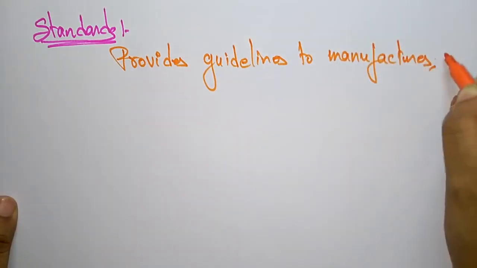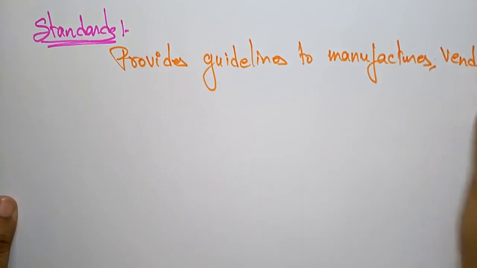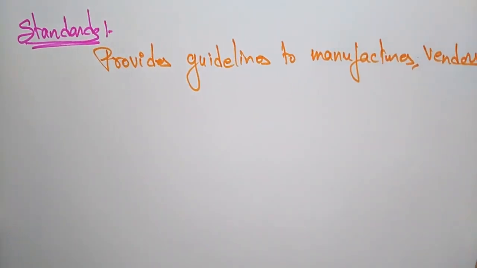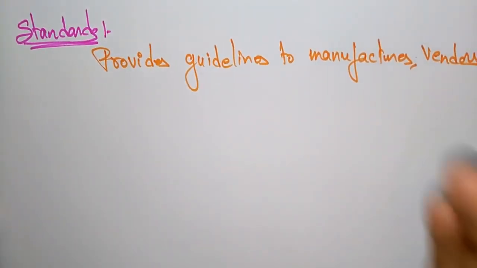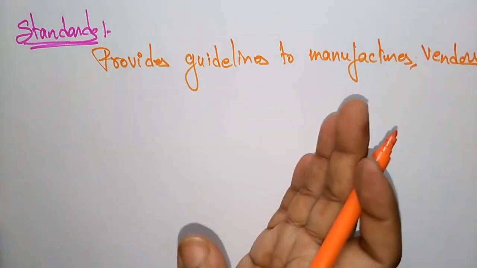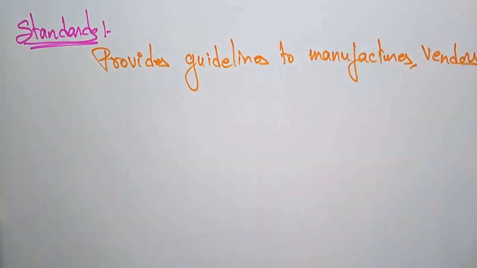While they are developing something, the vendors or manufacturers have to follow some guidelines, which you call standards. One organization follows some standards, another organization follows some standards, like that.